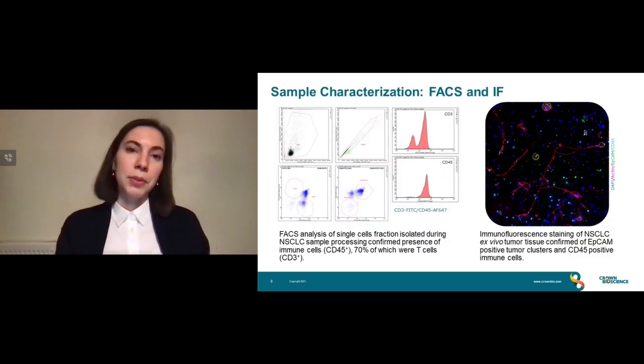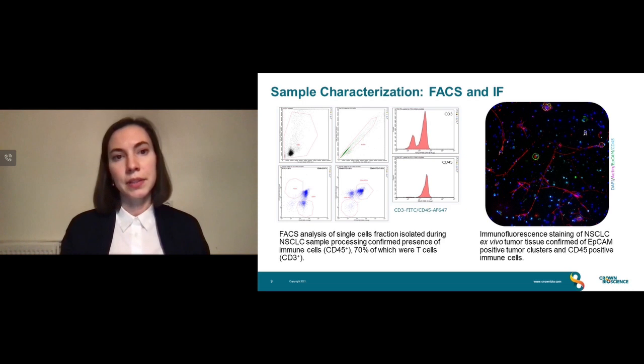In addition to immunohistochemistry, we can characterize samples with FACS, for example. On this slide, you can see a FACS analysis of the single cell fraction isolated from a non-small cell lung cancer sample. These single cells were mostly immune cells, CD45 positive lymphocytes, and 70% of them were CD3 positive T cells.